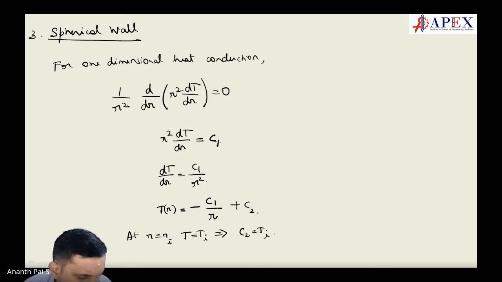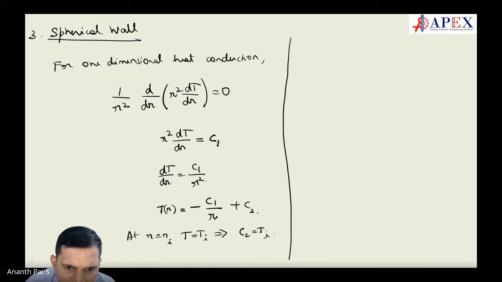Then what happens? C2 is equal to Ti? No, it's not. I'm very sorry, C2 is not equal to Ti. When r is equal to Ri, T is equal to Ti. So what happens here?